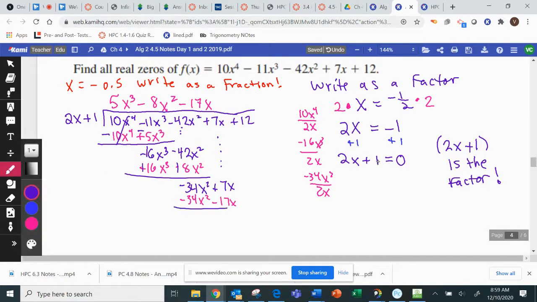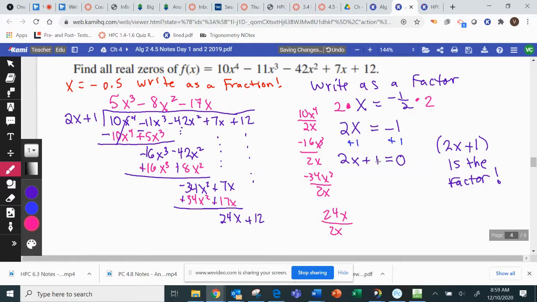Draw the line, change the signs, and I get 24x. Bring it on down. And oh my gosh, we're almost done. Divide 24x by 2x.